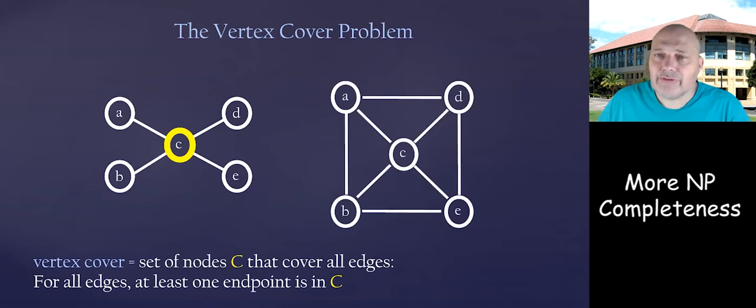How about this graph? So C is no longer a vertex cover because it doesn't cover the edge AD. What would be the minimal? Can we have a vertex cover of size 1 or 2? Well, the smallest one is 3. That's again not hard to come up with.